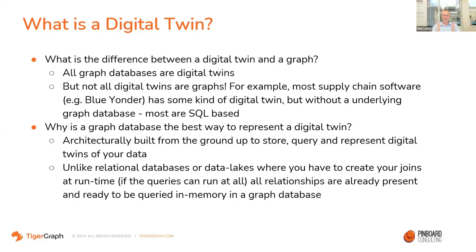One particular example, which sprung to mind when I was writing these slides, was Blue Yonder. I know from the attendee list that some of you know a bit about the supply chain space. Blue Yonder is an example of a piece of software that has an underlying digital twin, but does not use a graph database. Theirs is kind of flat SQL based on relationships and joins. It's still a digital twin.